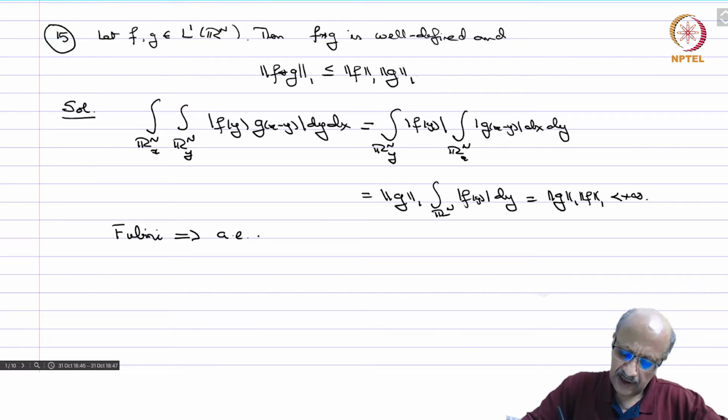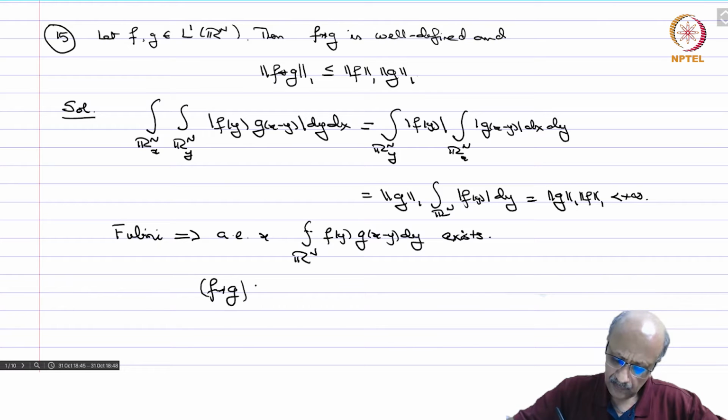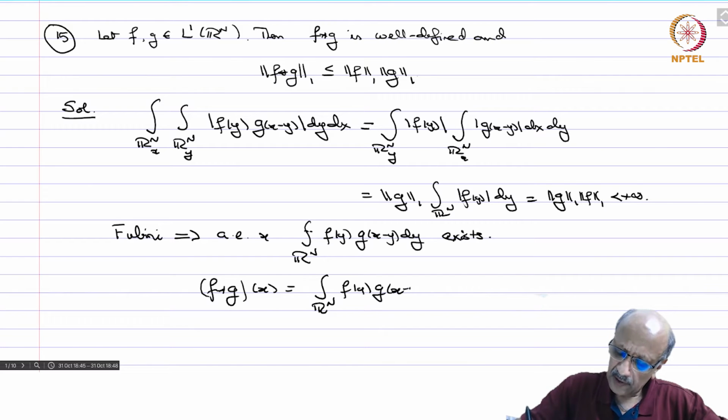for almost every x, the integral over R^n of f(y) g(x minus y) dy exists, and therefore for almost every x, f star g of x equals integral over R^n of f(y) g(x minus y) dy is defined almost everywhere.